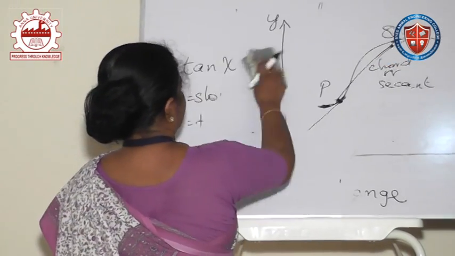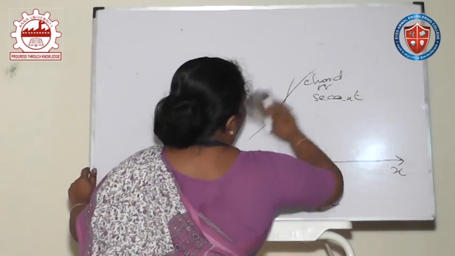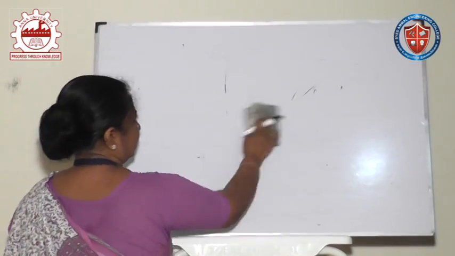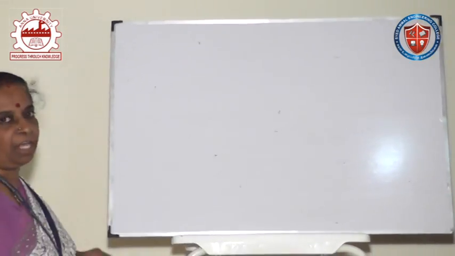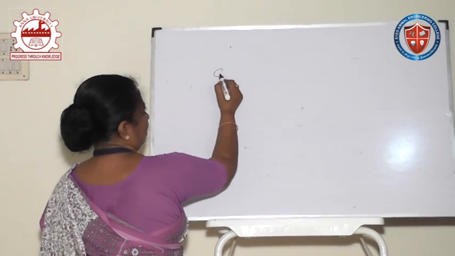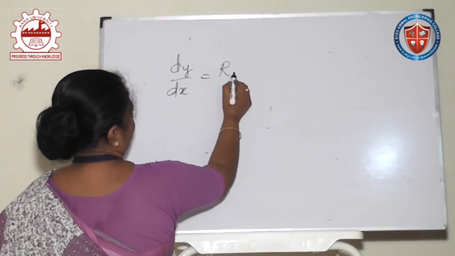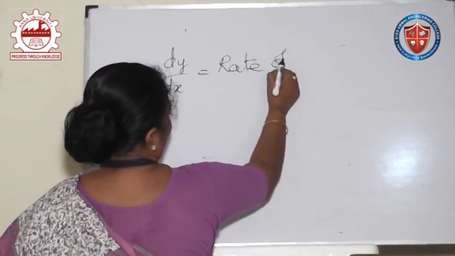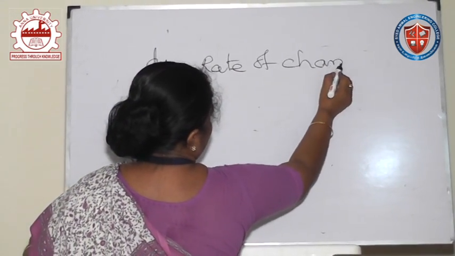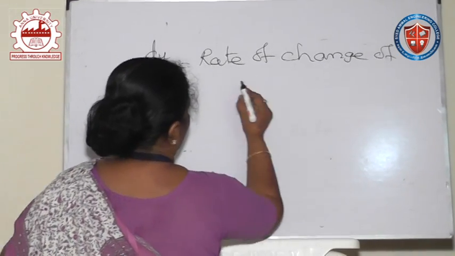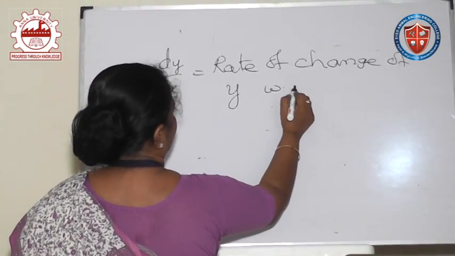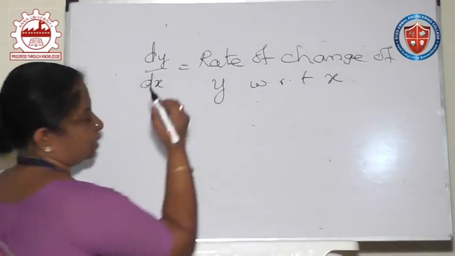Now when I go to find the next differential, I say dy by dx is the rate of change of y with respect to x.